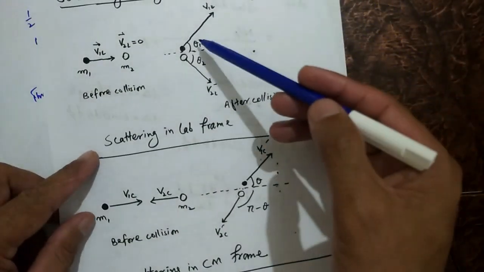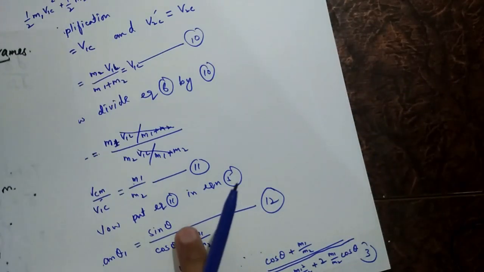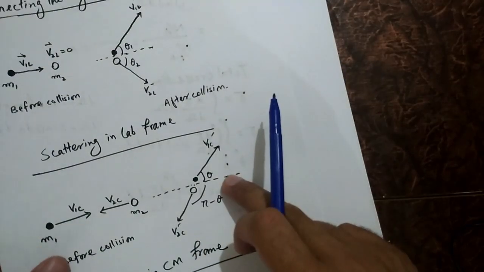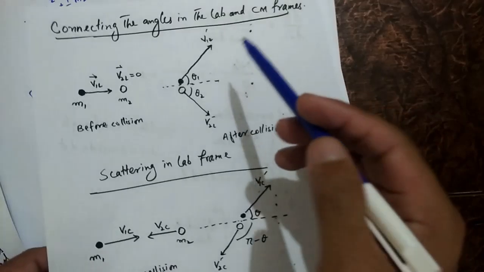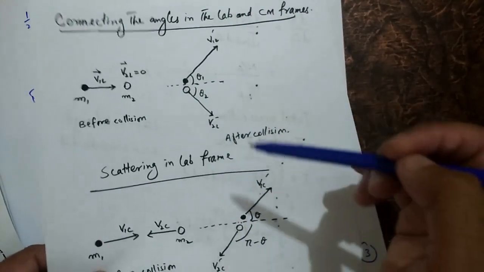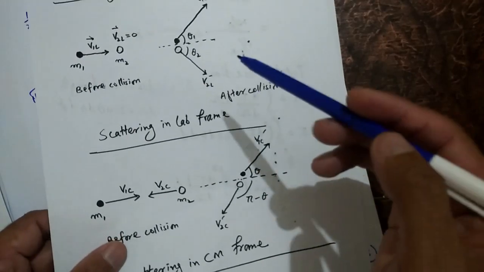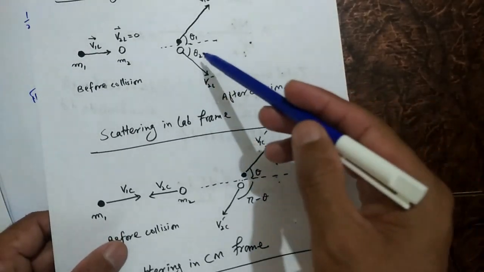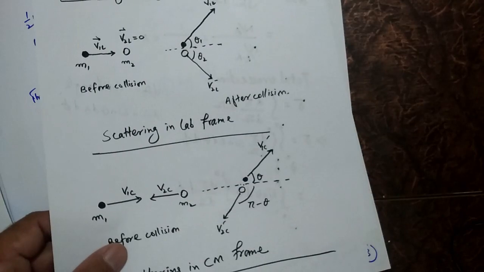This was theta 1 and this was theta. In order to find the results in the center of mass reference frame, we have to change it into the lab reference frame to check our results. Now we are going to find the relation between theta 2 and theta.